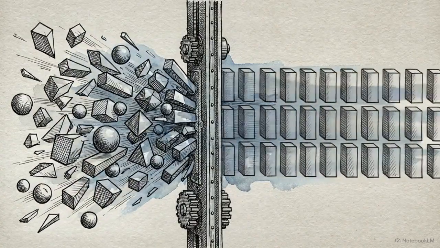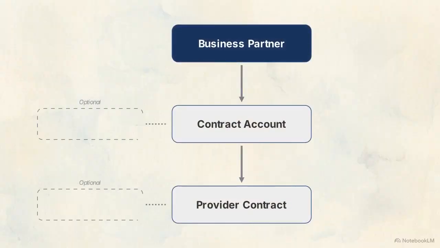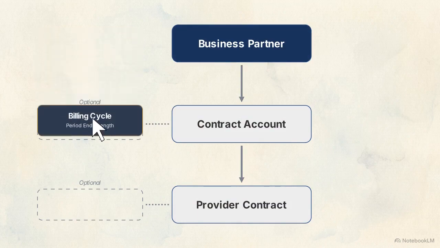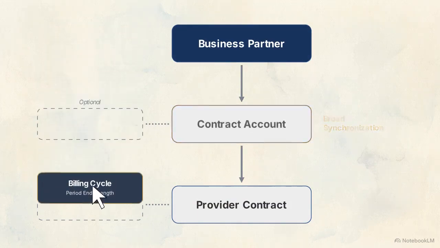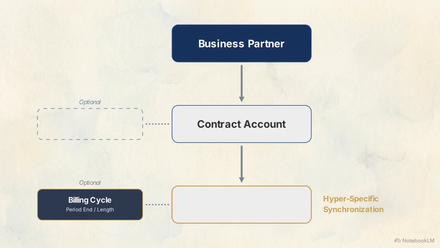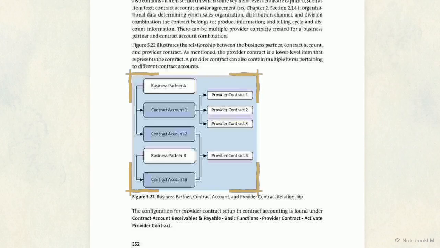Because assigning a billing cycle is technically optional, its functional impact depends entirely on where the architect places it within the SAP master data hierarchy. This diagram illustrates the foundational hierarchy for convergent invoicing, mapping the structural relationships between the business partner, their contract accounts, and the individual provider contracts.